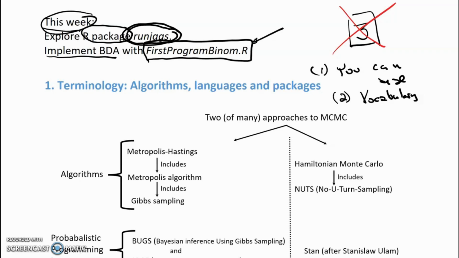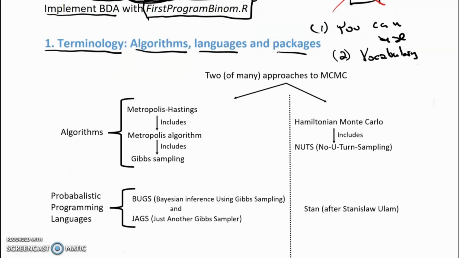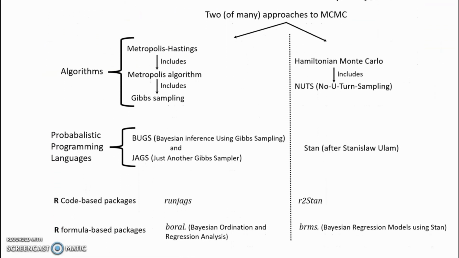So this is an introductory video, and there's a couple things I want to go over. The first is some terminology surrounding algorithms, languages, and packages. So, last week, we did the Metropolis algorithm.